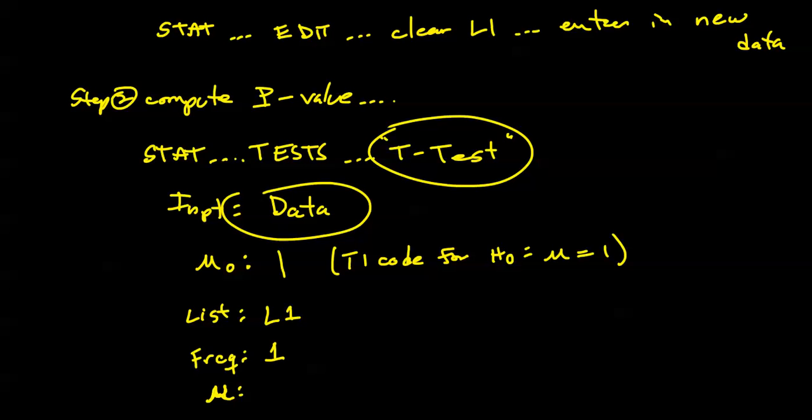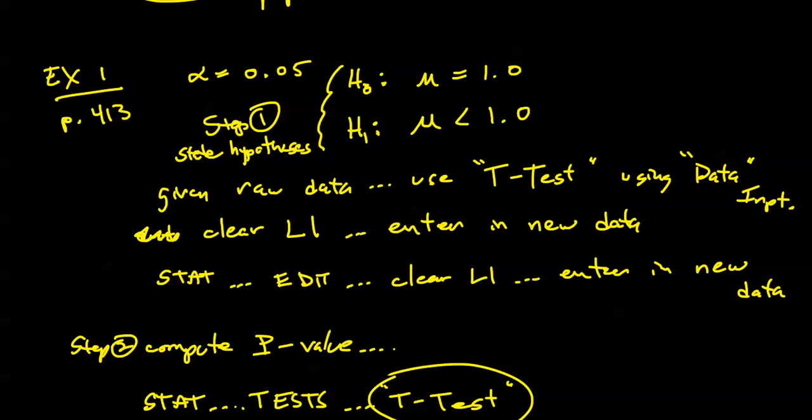And you're going to want to have a choice for the type of test here, and you've got 3 choices. Alright, so for that entry we've got a left-tailed test here.